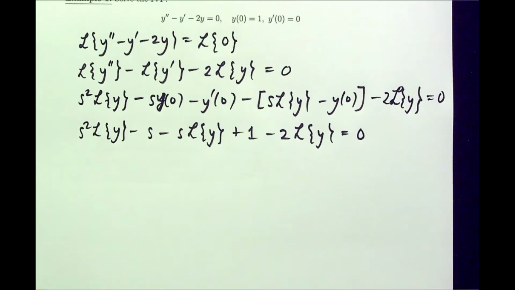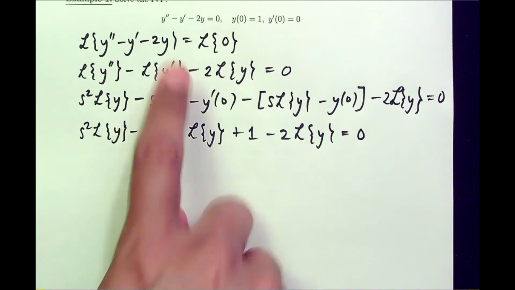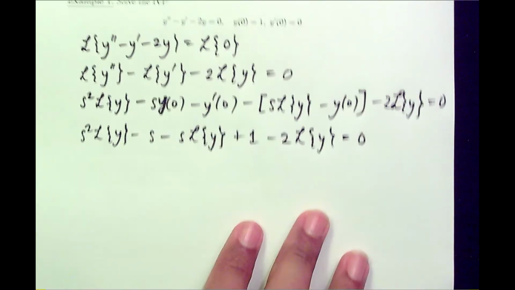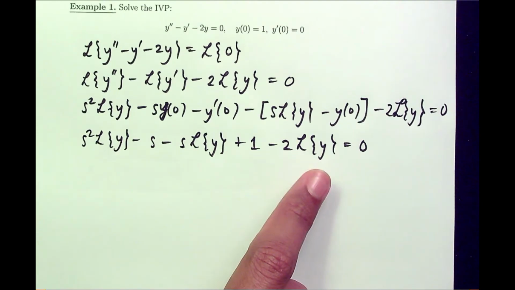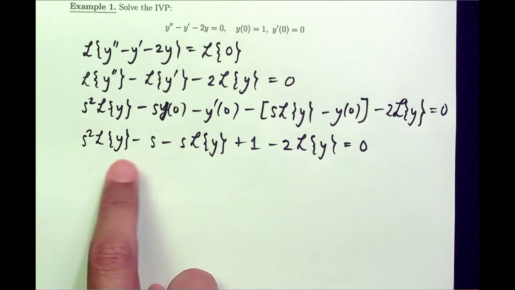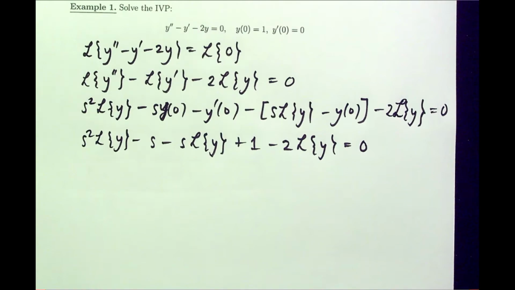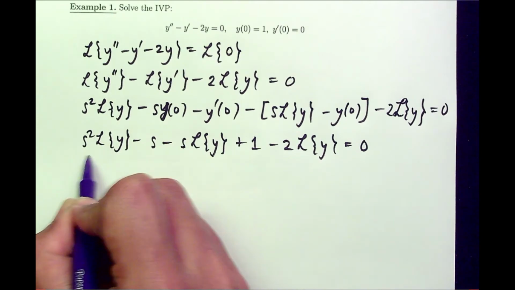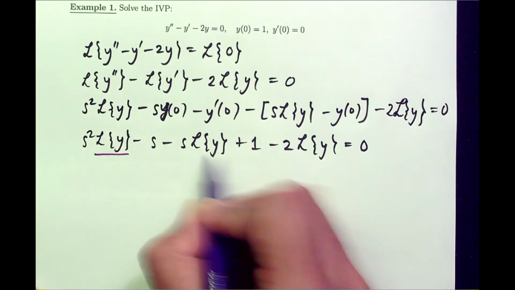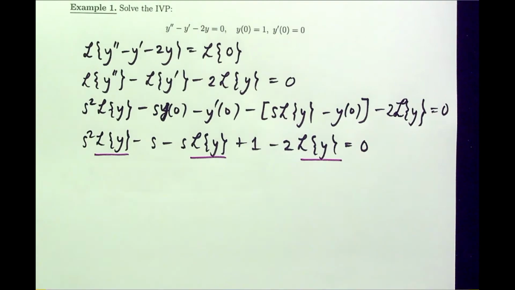Now, remember, the goal is to find y. This is our DE. The goal is to find y, so that means we have to solve for y from this equation. So now we're going to collect like terms. We want all the y's on the left hand side and everything that doesn't have a y on the other side. All these have L of y, so I want all of those together. So let's collect them.